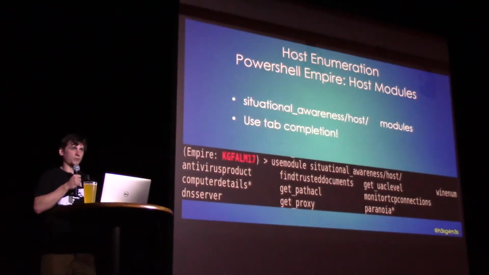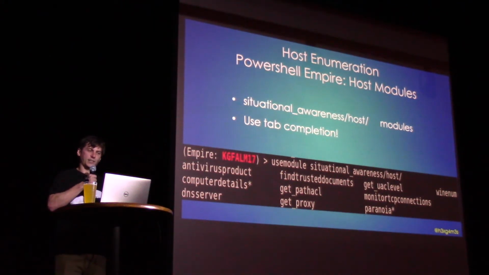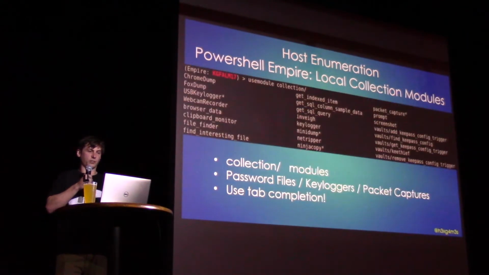There are lots of these host modules in Empire. Tab completion is your friend here. Look at situational_awareness/host; there's a couple different modules there. There's also these collection modules, like Chrome dump and Fox dump. Those are like Mimikatz, but they'll pull the passwords out if you have passwords saved in Chrome's built-in password manager or Firefox.